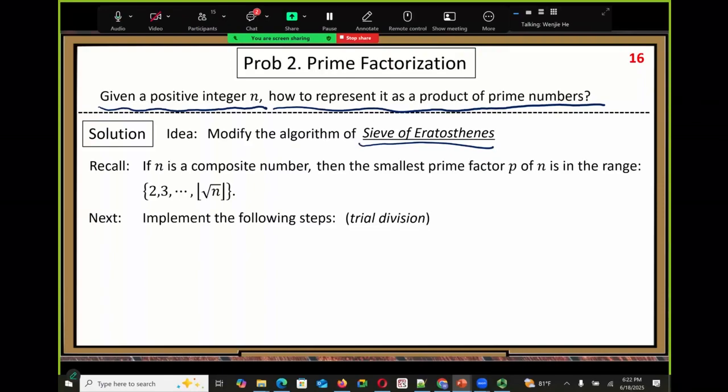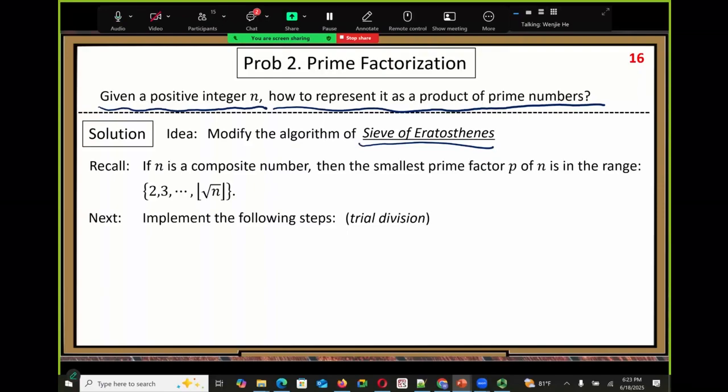So we have to find the prime factor directly.